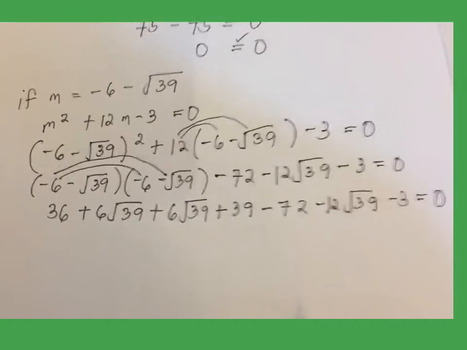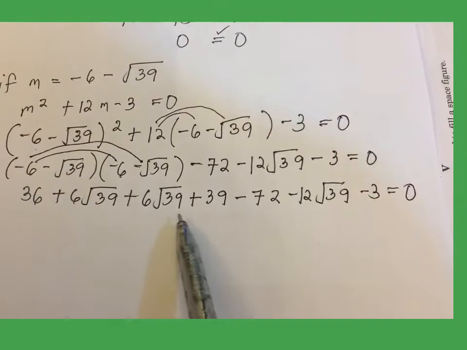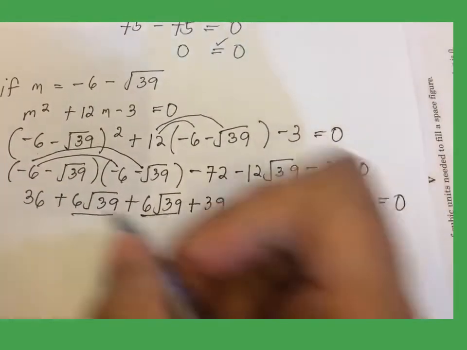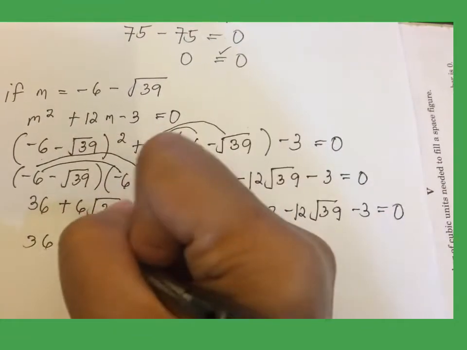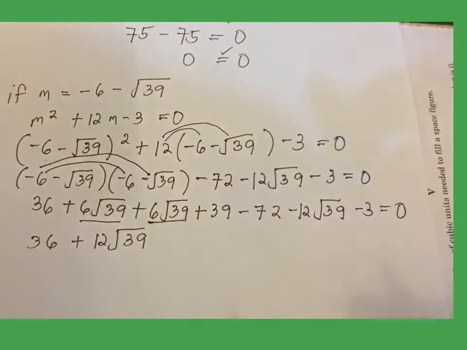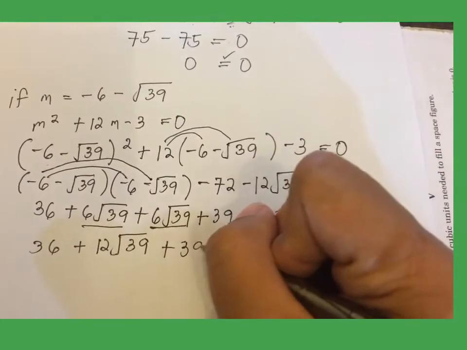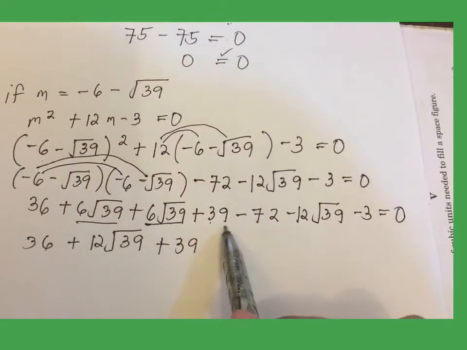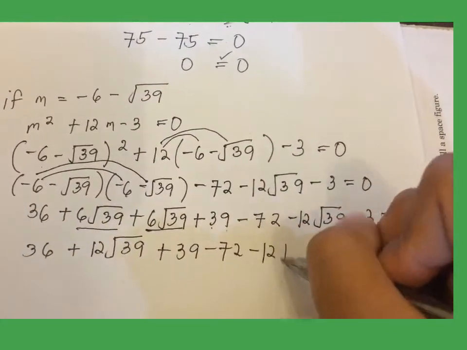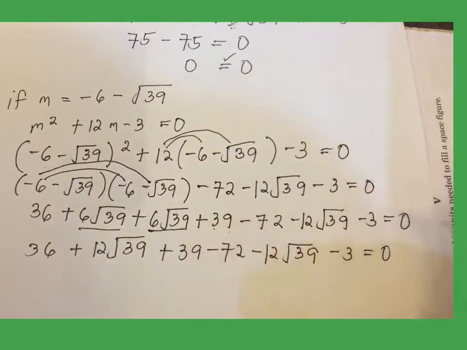Now, we're going to simplify this by looking for similar terms. I think we have similar terms here and here. So we'll bring down 36 plus 6 plus 6, 12 square root of 39, then plus 39. I'm bringing down these two numbers here, 39 minus 72 minus 12 square root of 39 minus 3 equals 0.